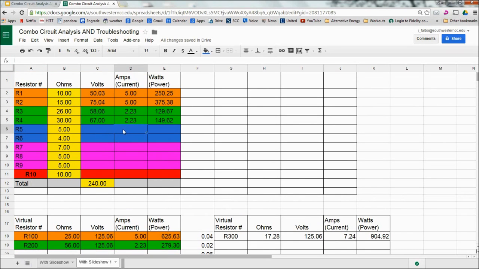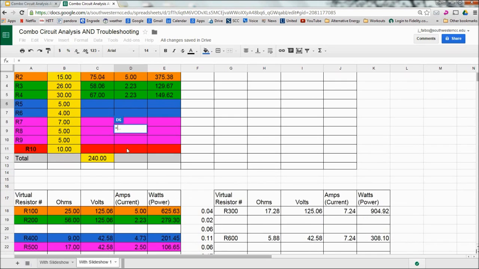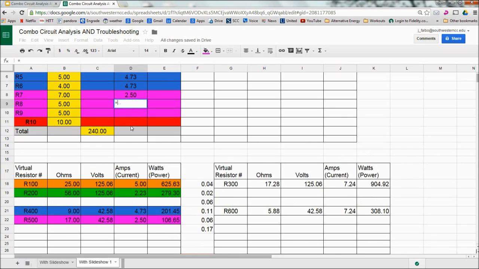So I'm going to tell this cell I want you to equal whatever I calculated here for my amperage, and I want this cell to be the same exact thing because these two guys are in series. I'm going to tell this cell I want you to equal whatever amperage I calculated there all the way down because all three of these are in series.